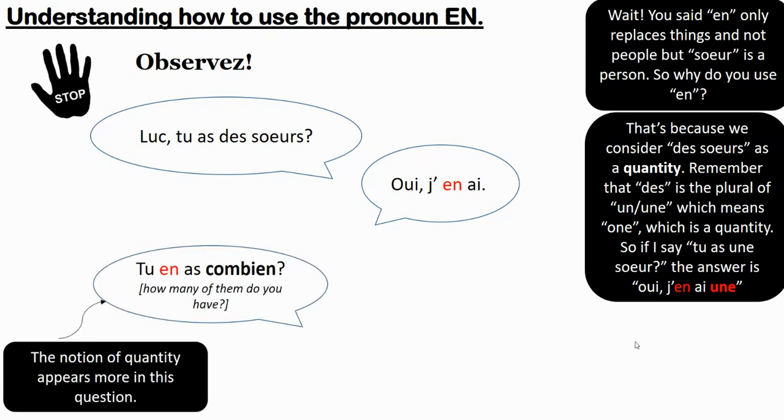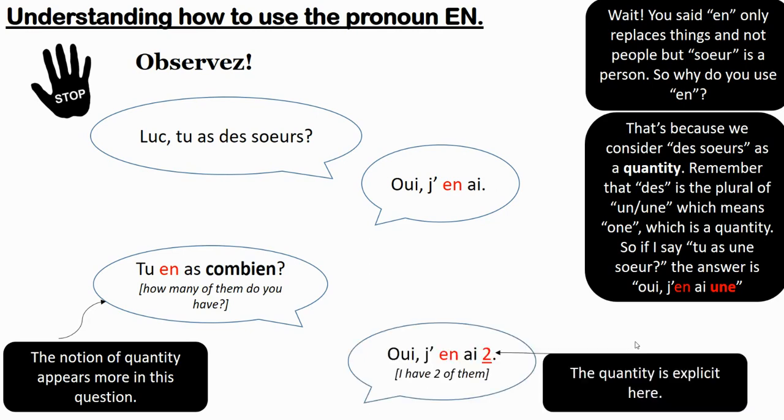So the notion of quantity is more visible in this question. Tu en as combien? J'en ai deux. I have two of them. And don't forget to explicitly say the quantity. J'en ai deux, because this is where the quantity appears.